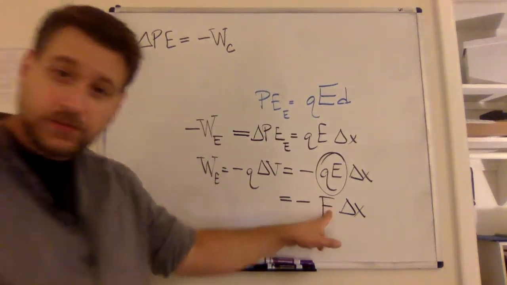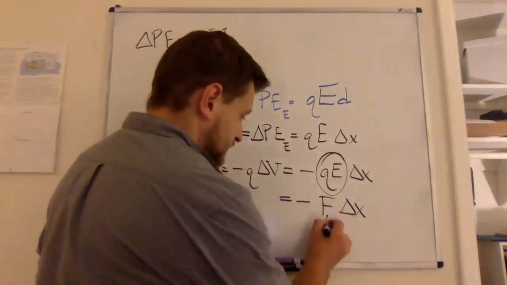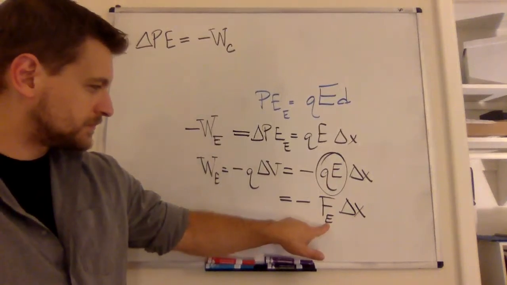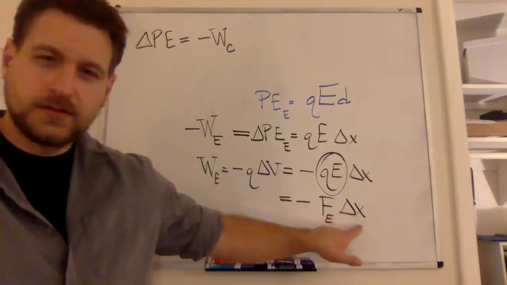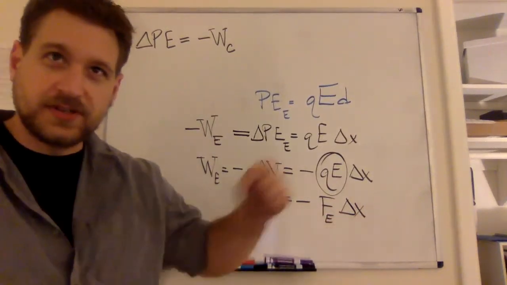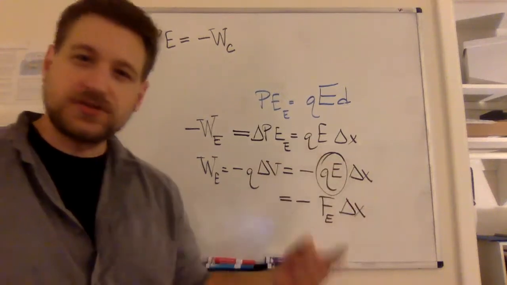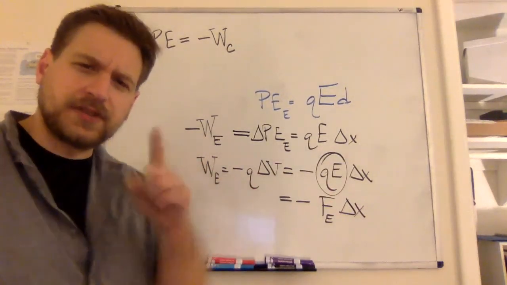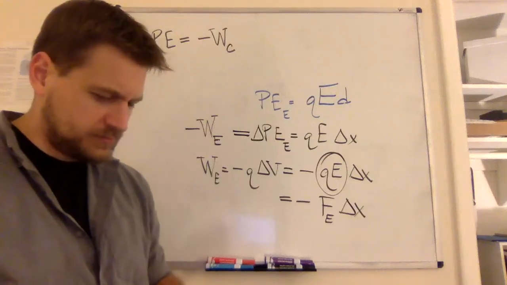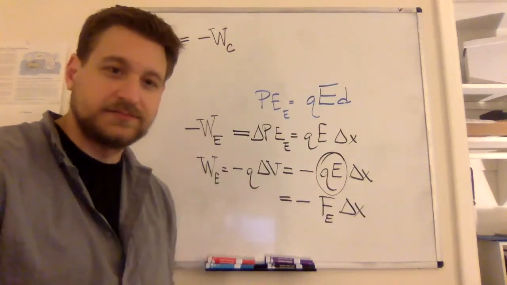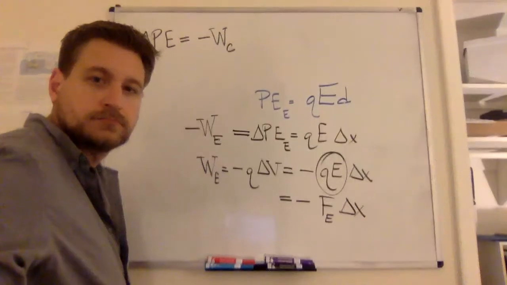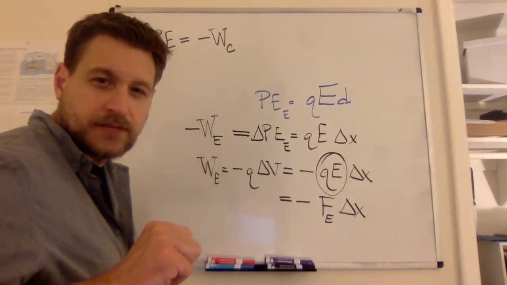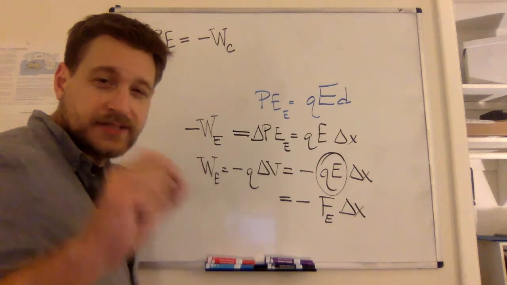The electric force, the electrostatic force, times the displacement should just be the work done, not the negative of the work done. So I gotta, hang on. I think I need to change something.